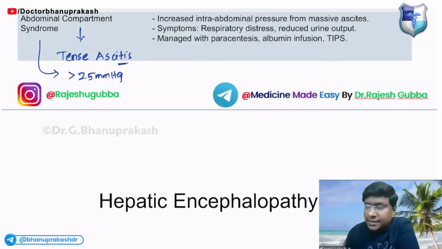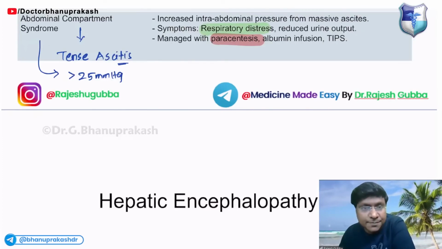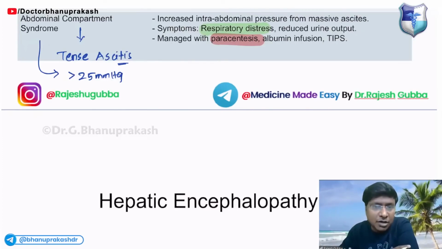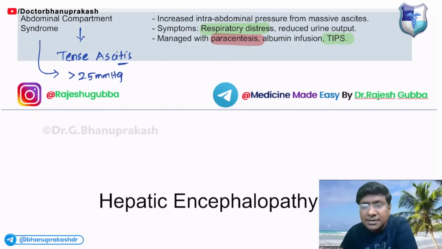And immediately you need to do the abdominal paracentesis. If you don't do abdominal paracentesis, the individual can go into a state of respiratory distress and respiratory failure. Now, after doing abdominal paracentesis, if there is recurrent ascites, then what do you need to plan for? You need to plan for the transjugular intrahepatic portosystemic shunt.